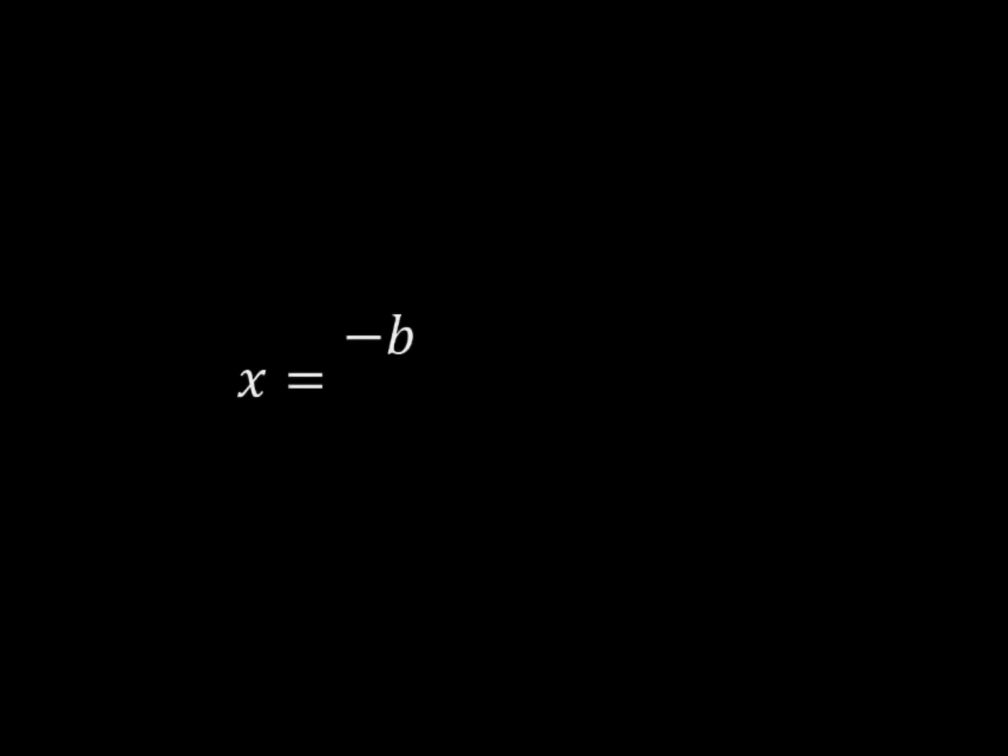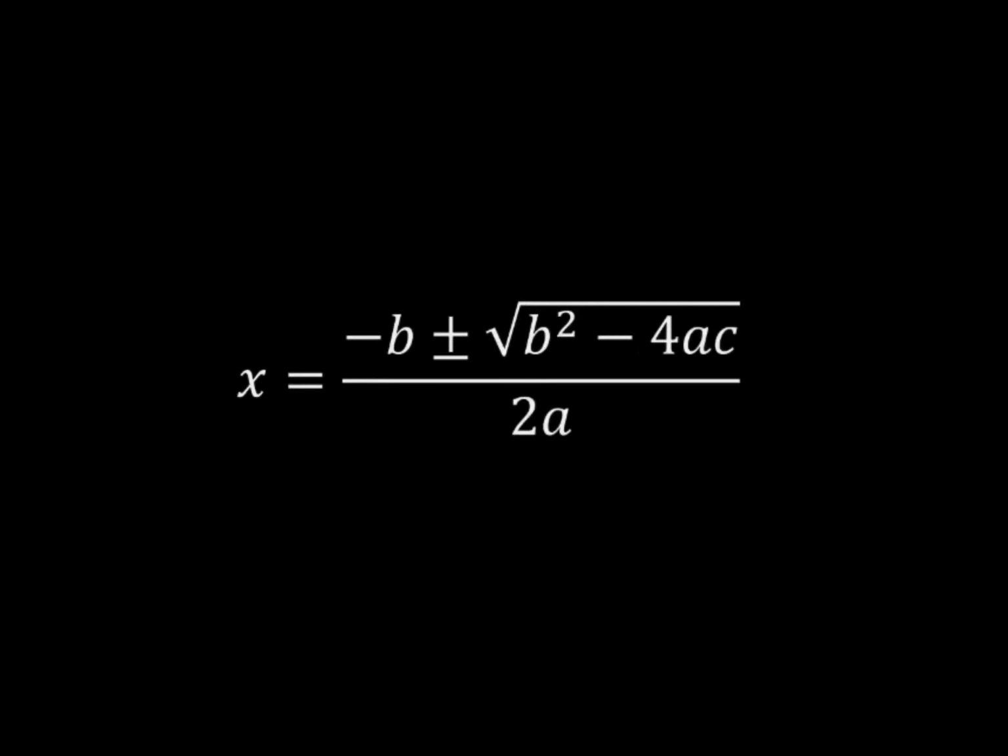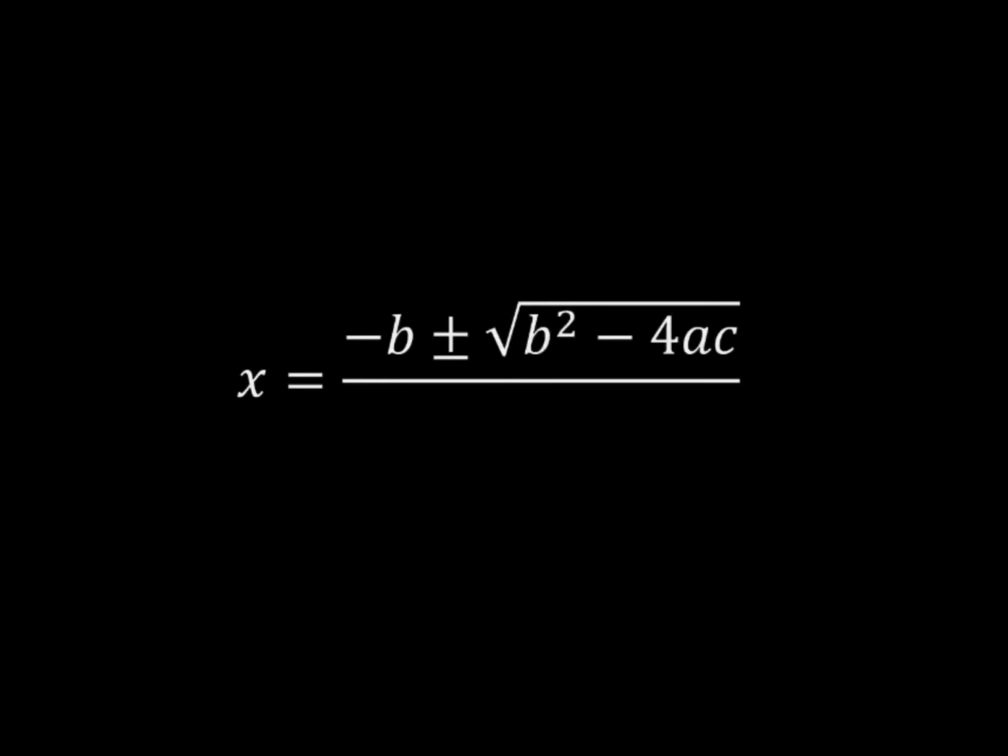X is equal to negative b plus or minus the square root of b squared minus 4ac all over 2a. Alright, sing it with us, guys. X is equal to negative b plus or minus the square root of b squared minus 4ac all over 2a. I hope you're sitting in your kitchen singing.